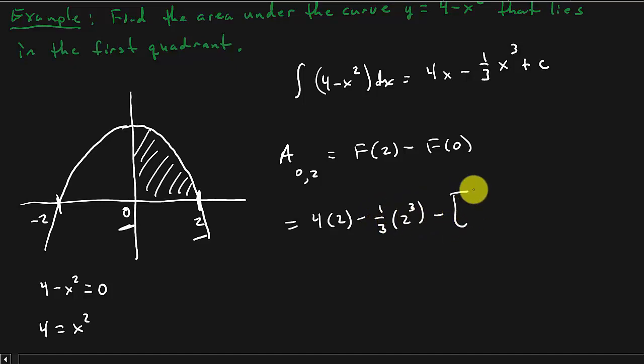Now, let me say something else here. For this one, I'm going to write it down, but then I'm going to erase it to show you this. That would be 4 times 0 minus 1/3 times 0 cubed, right? But look at that. You use your head here.